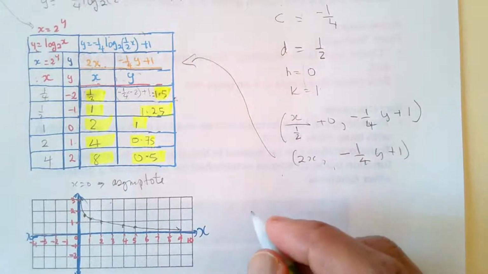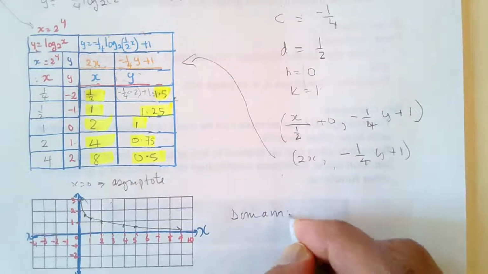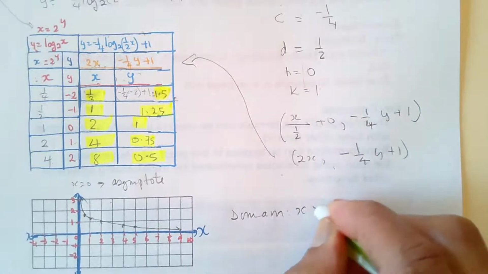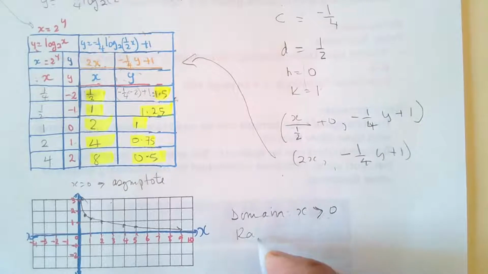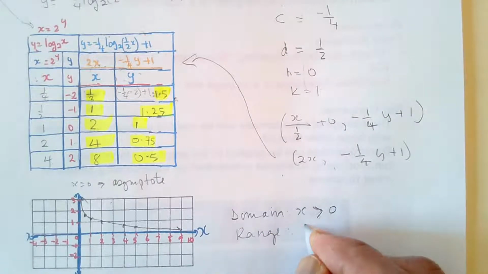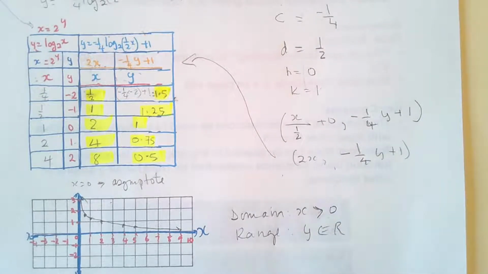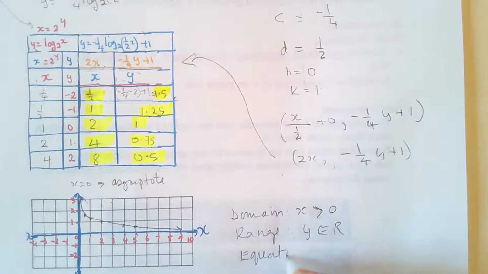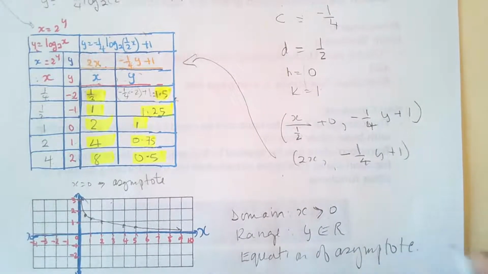We can conclude now our domain: x is greater than 0. Range: y, set of real numbers. Equation of the asymptote: x equals 0.